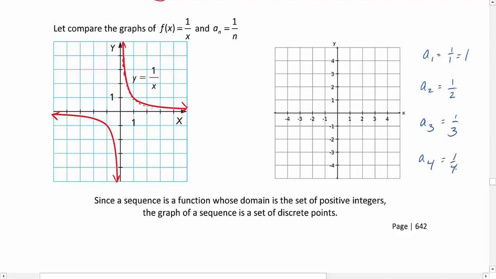So we're plotting the points, right? You're going to take the subscript. So 1, 1, 2, 1/2, 3, 1/3, 4, 1/4. Those are our points.